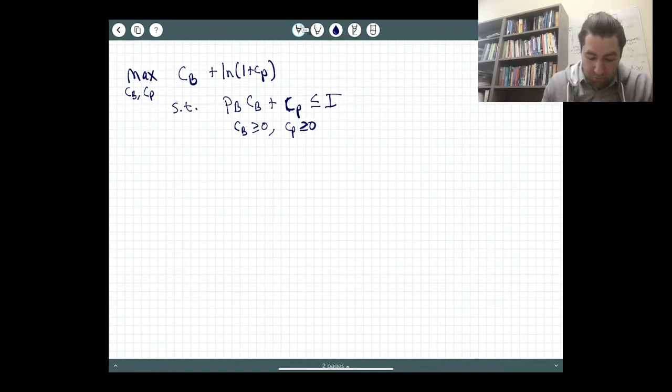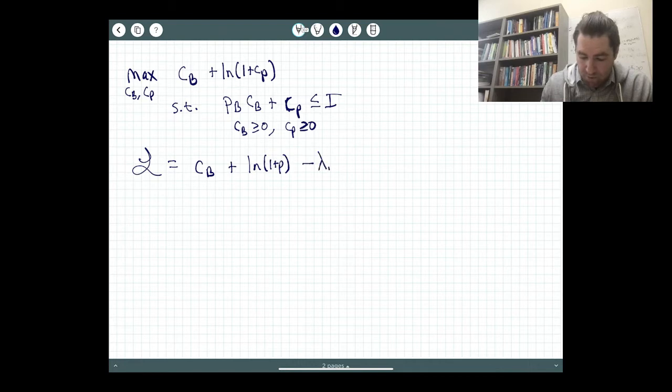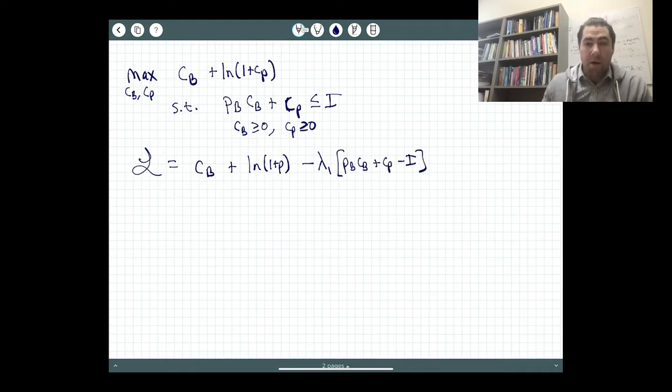The value of the consumptions had to be positive, but could be equal to 0. So what we had done was set up the Lagrangian, taking our objective function minus this stuff, and we had taken first order conditions.